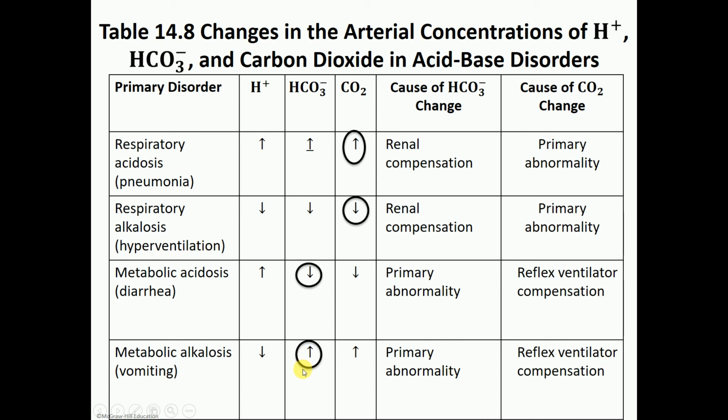In this scenario, though, the respiratory rate will go down. So you'll see that there's the reflex ventilatory compensation, where we want to accumulate some carbon dioxide in order to balance the relatively higher levels of bicarbonate ions.